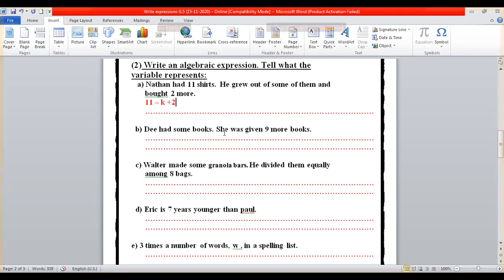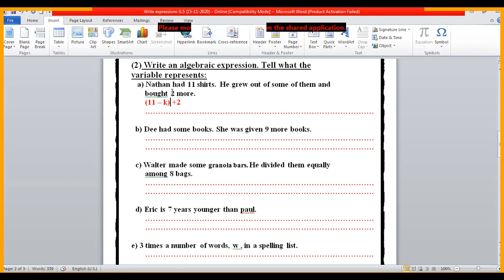We write brackets here because we grow out firstly, then after that put 2 more. For that we put this in brackets.